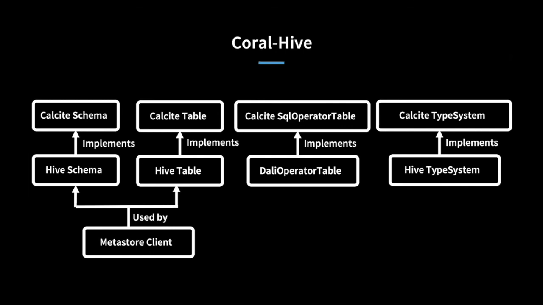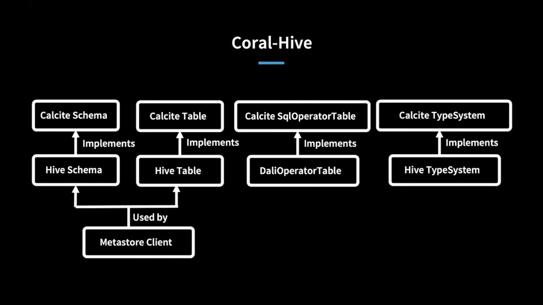In this case, it could be Presto or Spark, where there is a metastore client already in hand. Using that metastore client, we implement the Calcite schema and Calcite table with methods to connect to the metastore and learn about the tables and their schemas, and then help Calcite do its semantic analysis on top of them.